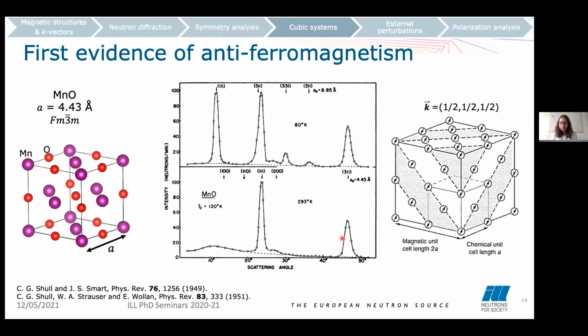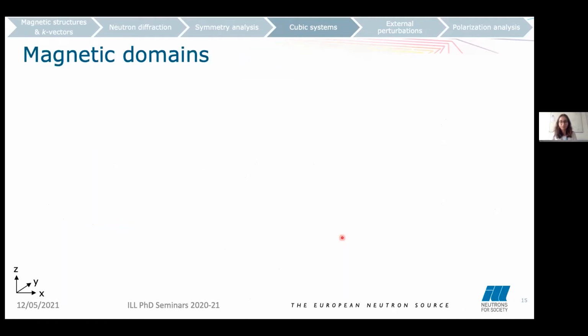Now, this all seems quite simple, but there are a few issues that may arise in cubic systems, and one that was seen in manganese oxide. And for this, we have to introduce the concept of magnetic domains. Now, there exist 4 types of magnetic domains.